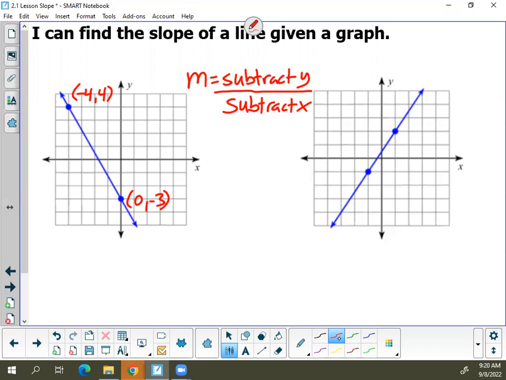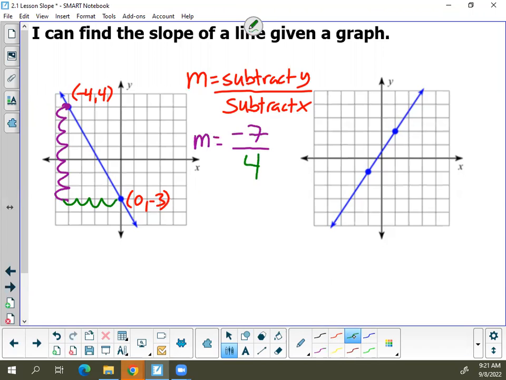So y's are up and down. And in math, we read from left to right. So if I start from my point on the left and I count down 7, down is negative. And then I'm going to count right. 4 to the right is positive.